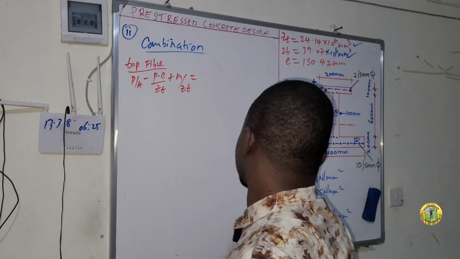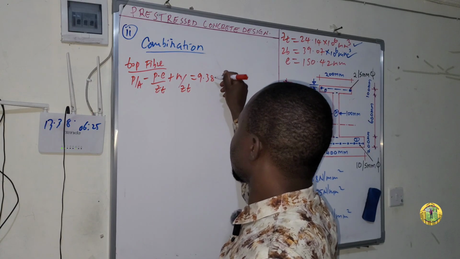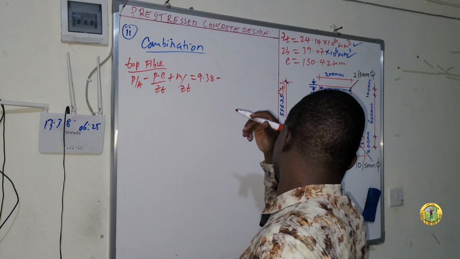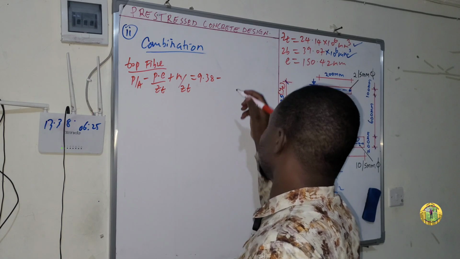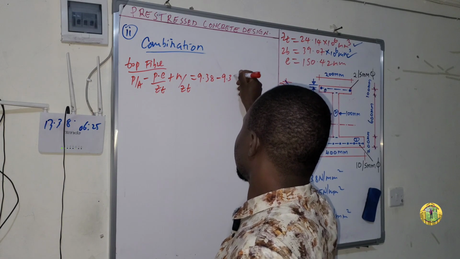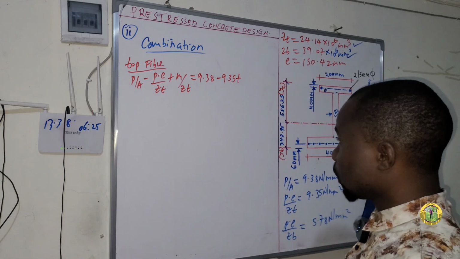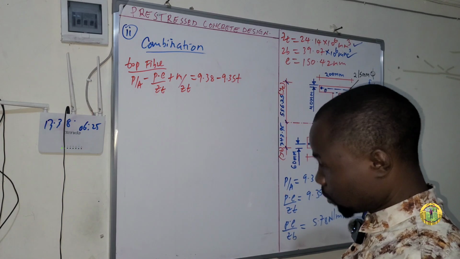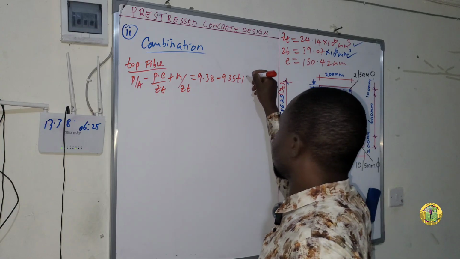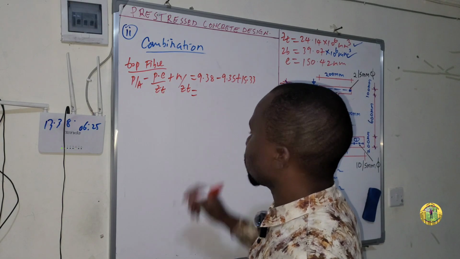So this one is equal to P over A is 9.38 minus P E over Z top is 9.35 plus M over Z top is 15.33.